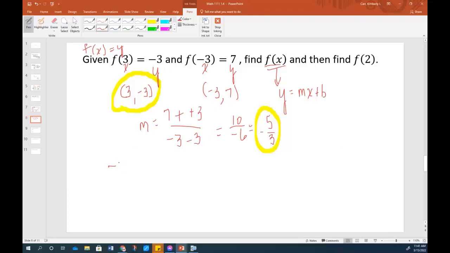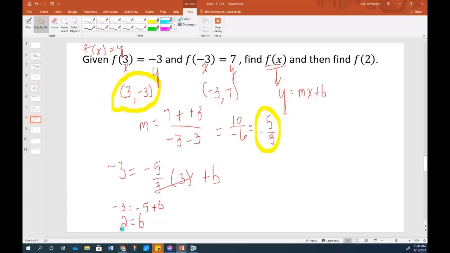So the y value is equal to m times x plus b. Those 3's very handily cancel out. So negative 3 is equal to negative 5 plus b. If I add 5 to both sides of that equation, I'll get b is 2.